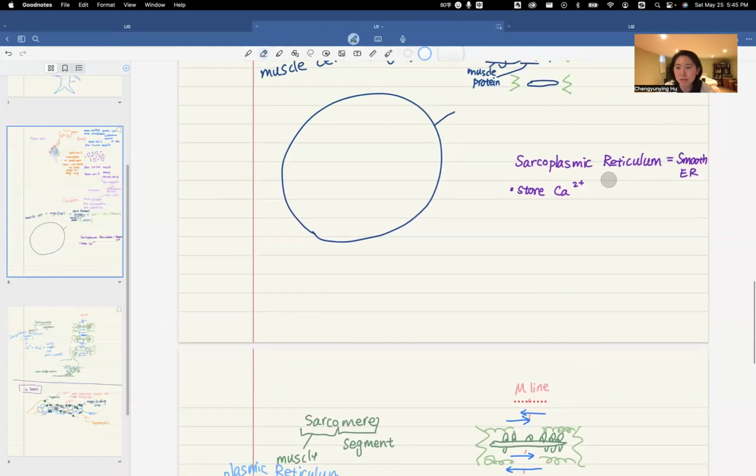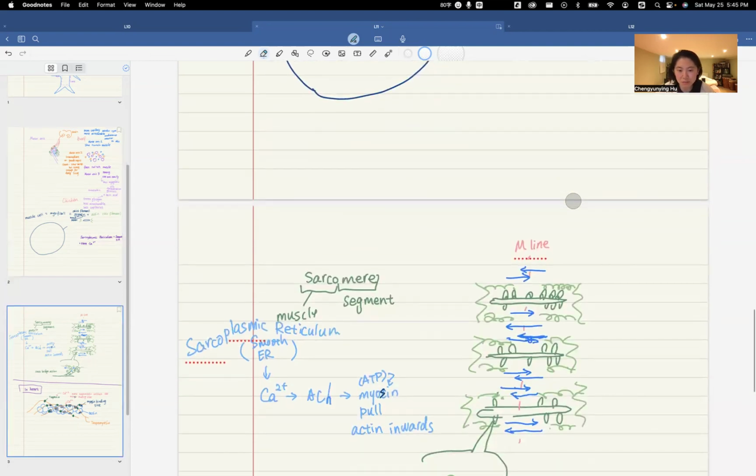In muscles, we have smooth ER too, like other cells, but it's called sarcoplasmic reticulum instead. Why we mention smooth ER here is because in muscle, they store calcium, and we need calcium to perform contraction. You will see why it's important.